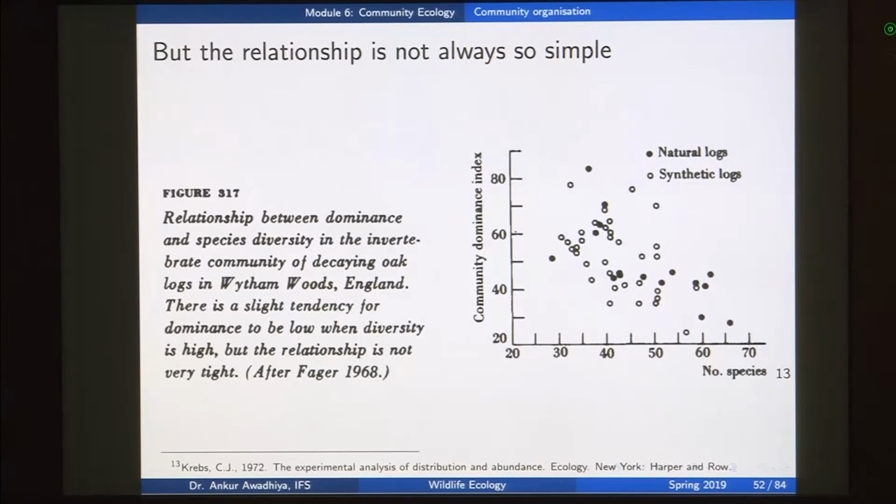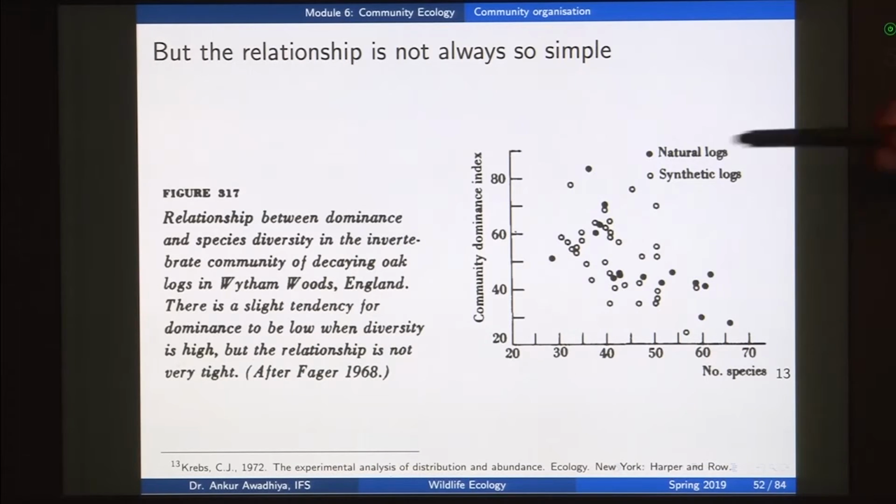If we actually look at the field values, here we are looking at the relationship between dominance and species diversity in the invertebrate community of decaying oak logs in a place called Wytham Woods in England, and there is a slight tendency for dominance to be low when diversity is high, but the relationship is not very tight.